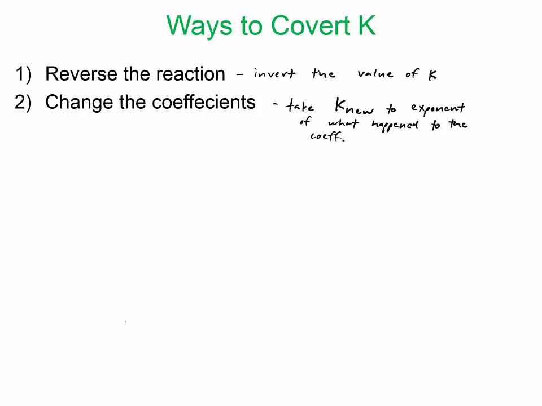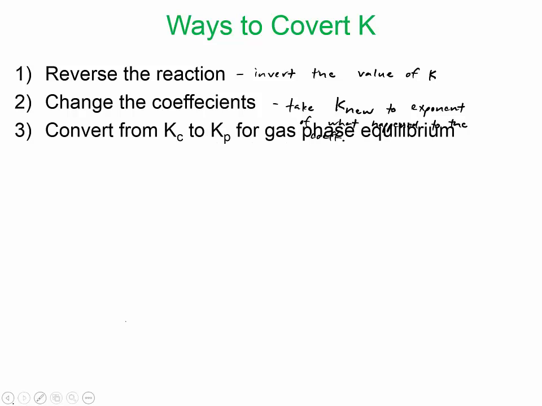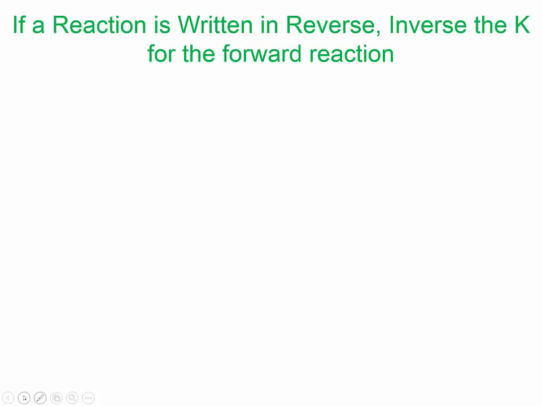And again, we'll take a look at an example. Also, if you're going to convert from Kc to Kp, there's a conversion you can do for gas phase equilibrium. Okay, so let's look at some examples.